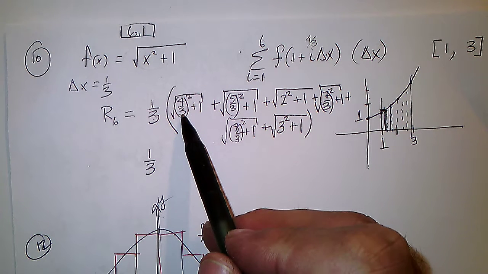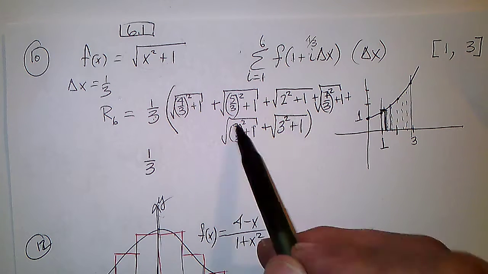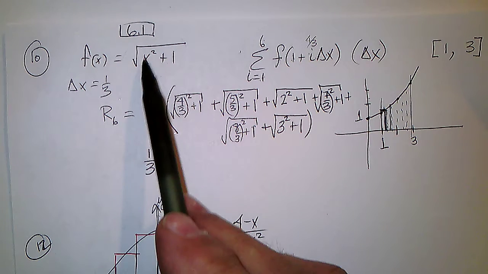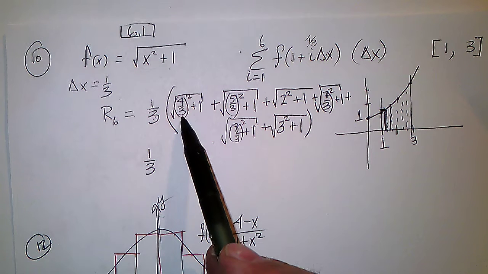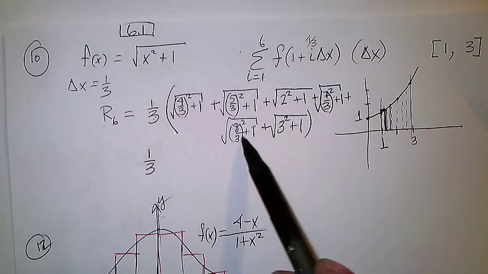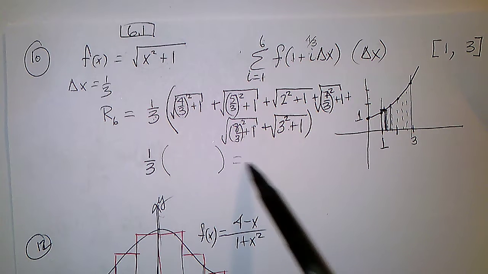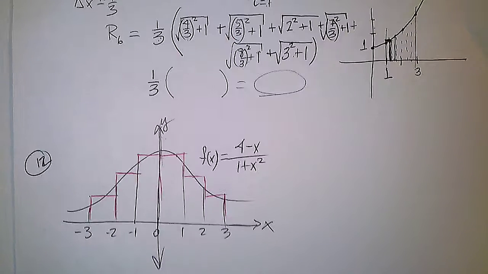I'd start at 4/3 and then go 5/3, 6/3, 7/3, 8/3, 9/3, so step by a third, and then put in y1 this, and then find out what each one of these is. Take that total times 1/3 to get my answer. Okay, I don't have my calculator here. It's going to be a problem.